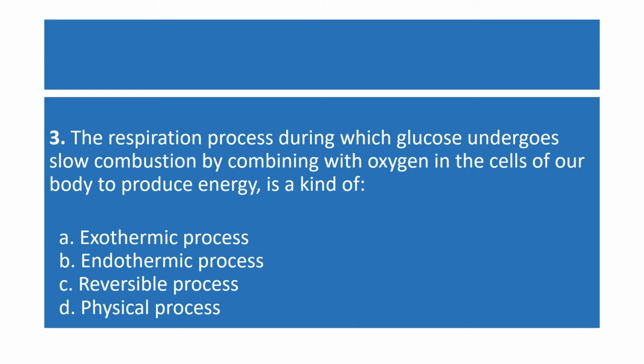In the respiration process, it is clearly given that it produces energy and oxygen is combining. When a combination reaction takes place, these reactions are also exothermic, they release energy. And in respiration, because energy is released, it is known as an exothermic process.